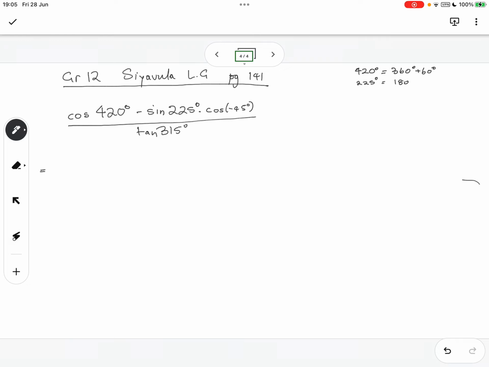If we take 180 degrees and we add 45, how much do we get? We should get 225, yes? And if we take 315 degrees, maybe if we subtract 45 from 60, that should give us, let's see, what's 60 minus 45? It should be 15. So 360 minus 45 should be 315. Yeah. So far, is it clear?